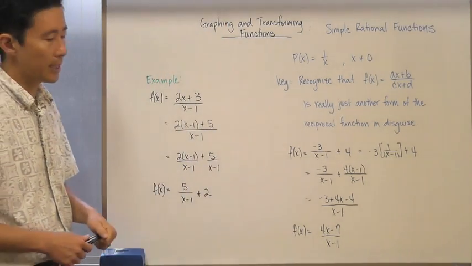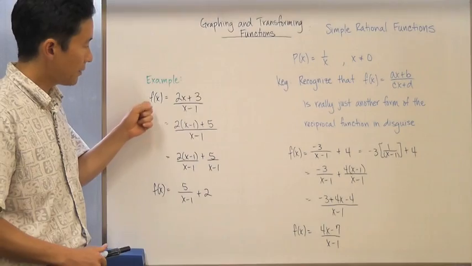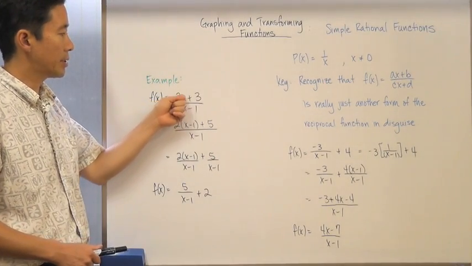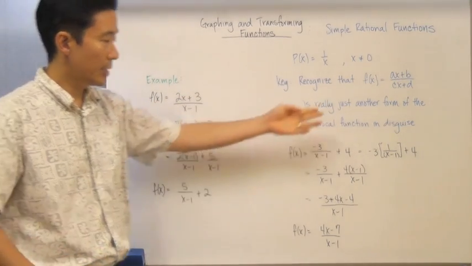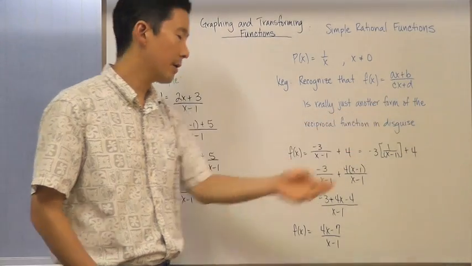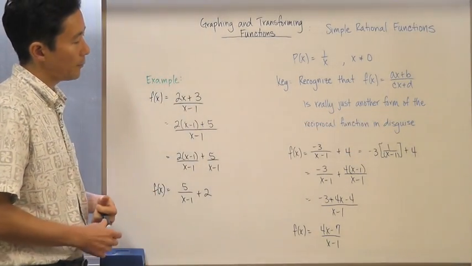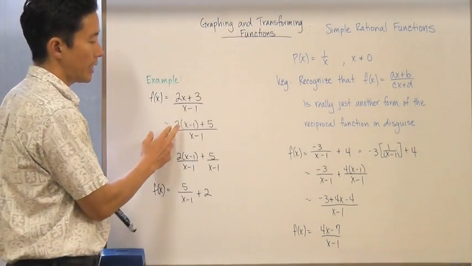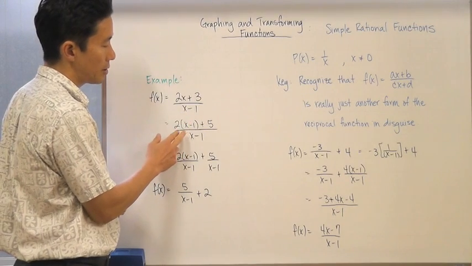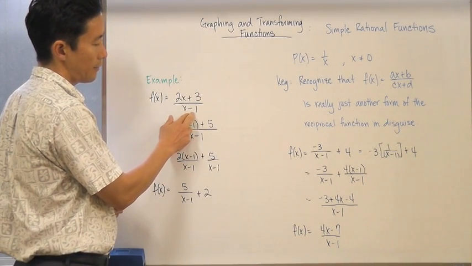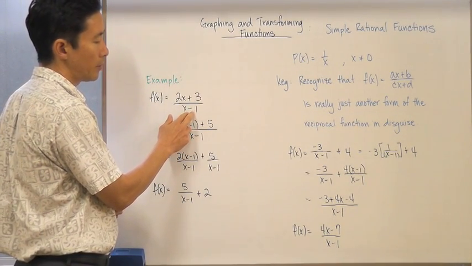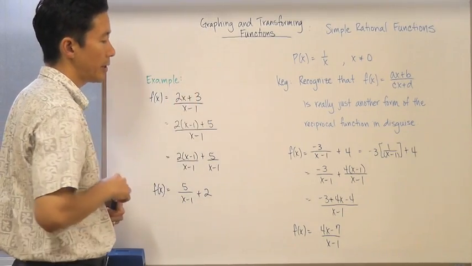So let's take a look at an example as to how to do that. If we start off with f of x is equal to 2x plus 3 over x minus 1, notice it's very similar to what we have here. Now the way that we need to do that is we need to introduce the same binomial factor denominator into the numerator.